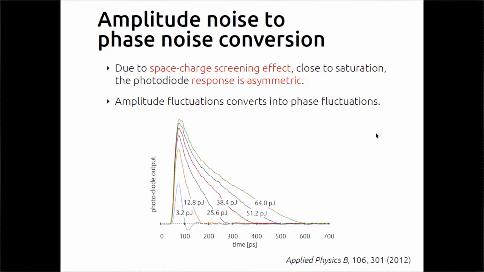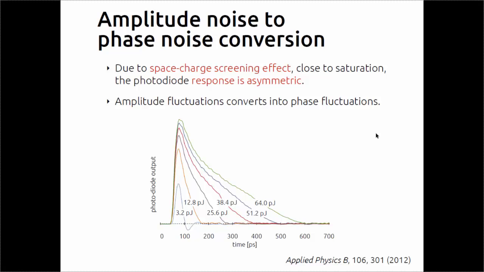You see here, for a low energy pulse, the response of the photodiode in time is a very nice pulse. When I go to very high powers, I get a very asymmetric response, and this causes a conversion of amplitude noise, so changes in the peak power, to phase noise, so a change of the time position of the harmonic of the signal I'm trying to extract.